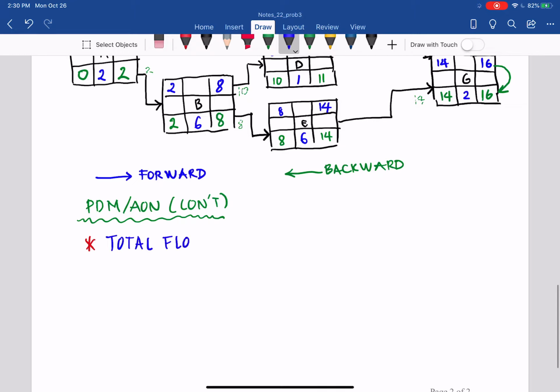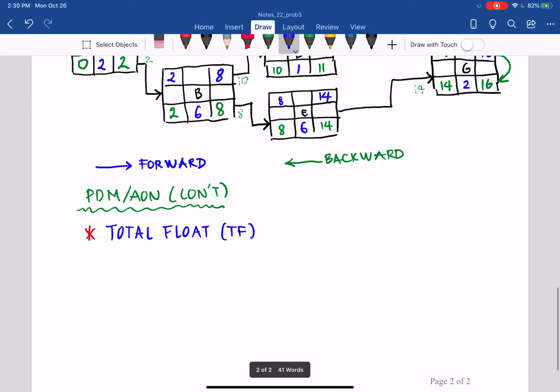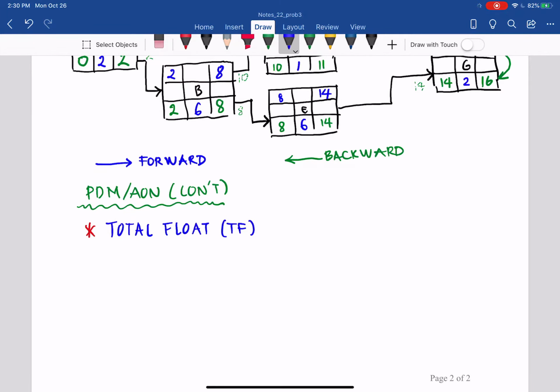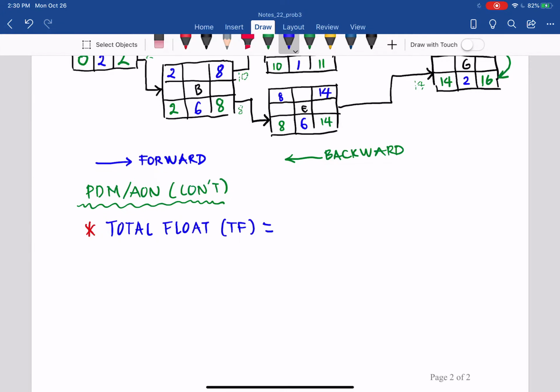Total float, that is TF, and TF is equal to, for the total float of an activity, the late start of that activity minus the early start of that activity, or it can be equal to the late finish of that activity minus the early finish of that activity.